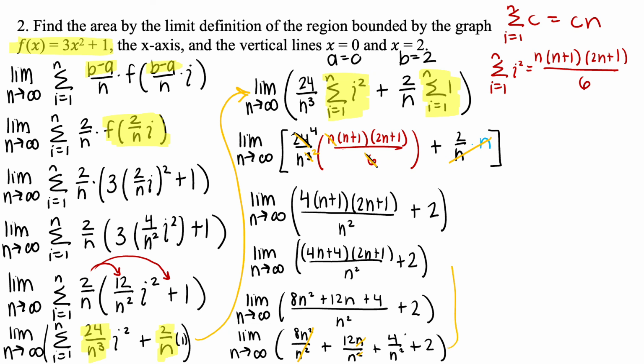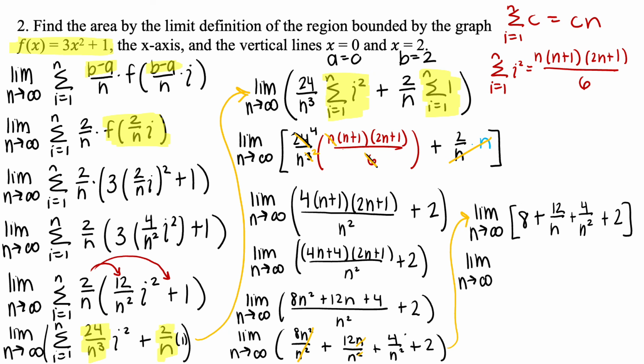If we bring this up top here, what we're finding is the limit as n goes to infinity of 8 plus 12 over n plus 4 over n squared plus 2, which is really just the limit as n goes to infinity of 8 plus 2 is just 10, plus 12 over n plus 4 over n squared.